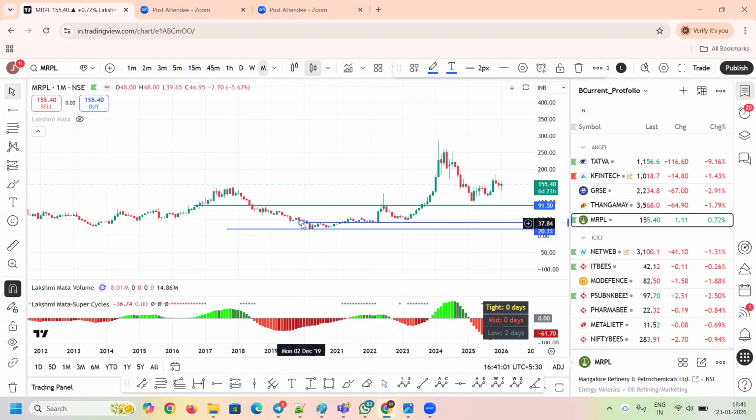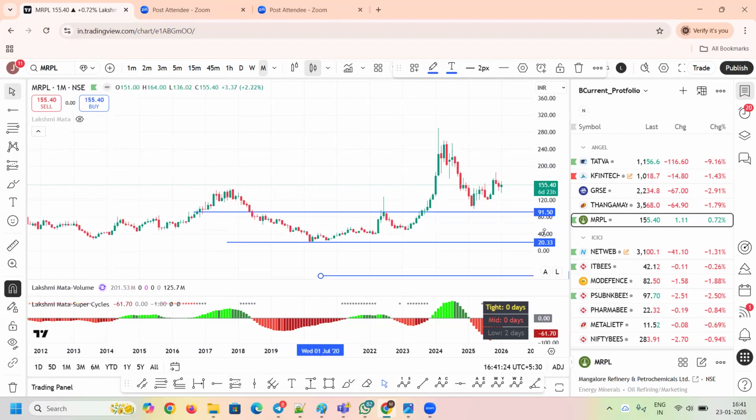Somewhere they will keep it here so that their stop loss is less. I have some issue with my mouse. Somewhere here, you can see the point like 10.13 or something like that, if their entry is at 32. Since it is a monthly chart, it is more, but we will slowly get what it means.